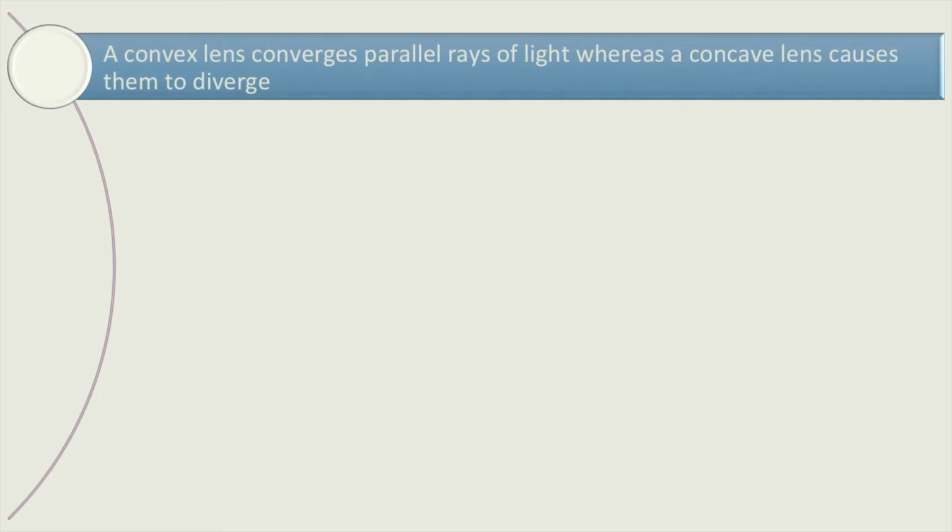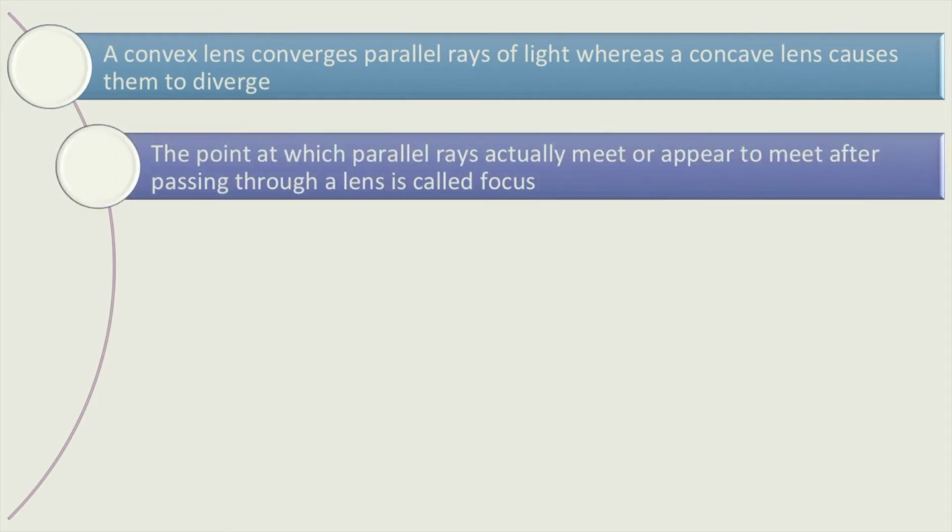And now the summary of this video. A convex lens converges parallel rays of light, whereas a concave lens causes them to diverge. The point at which parallel rays actually meet or appear to meet after passing through a lens is called the focus.